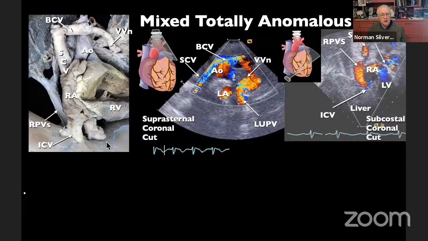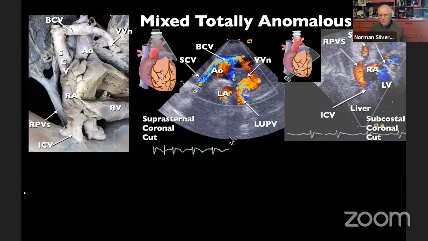Here's the right ventricle opened, and here's the inferior vena cava. And when these veins drain in this position, they don't go into the liver, they come into the diaphragmatic portion of the inferior vena cava. The diaphragm has been removed, but you can see the liver with the inferior vena cava coming through it. So this is like a scimitar vein, which I'll show you a little later on.